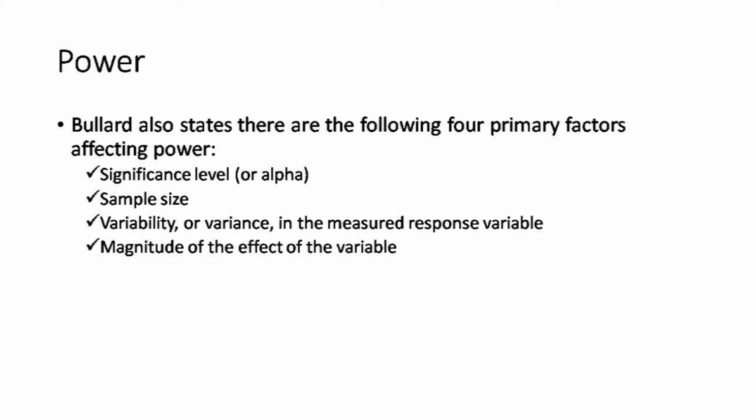Bullard, who gave these multiple definitions of power, also states that there are four primary factors that affect the power. The very first is the level of significance. Second is sample size. Third is variability or variance in the measured response variable. And fourth is the magnitude of the effect of the variable.